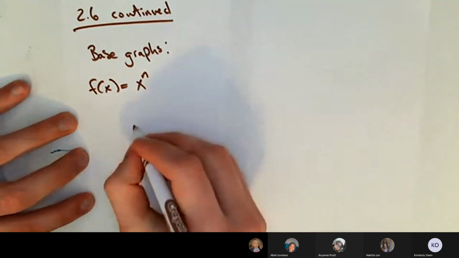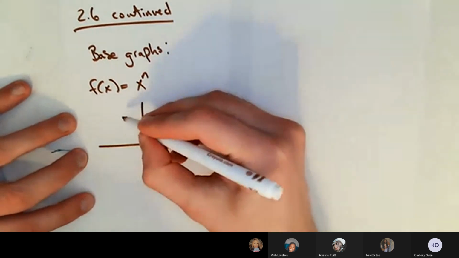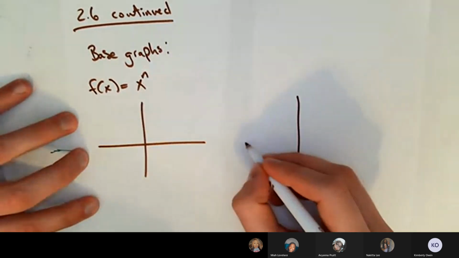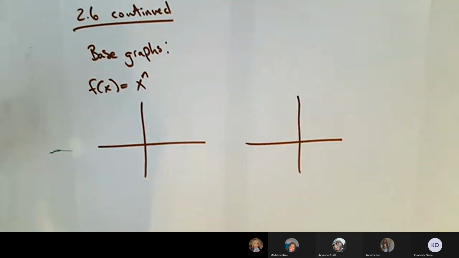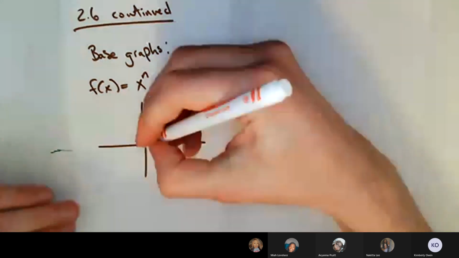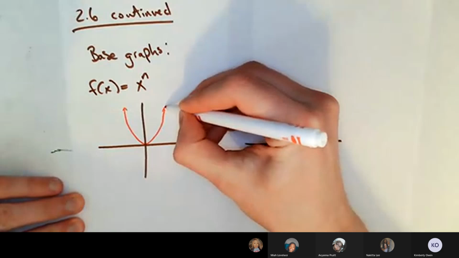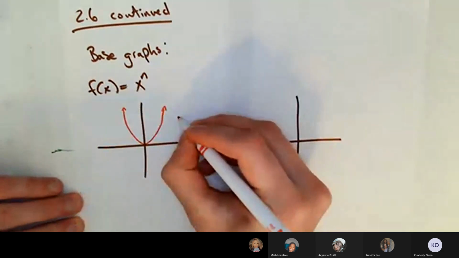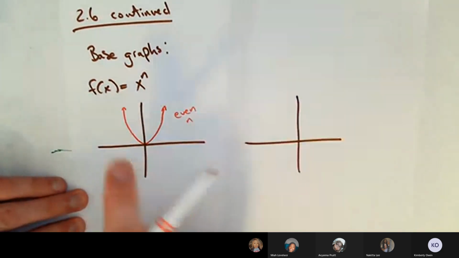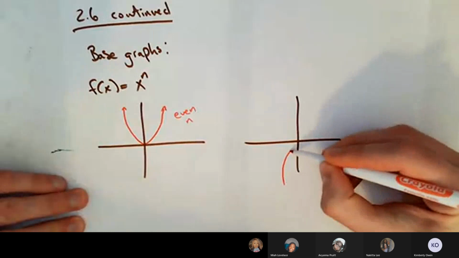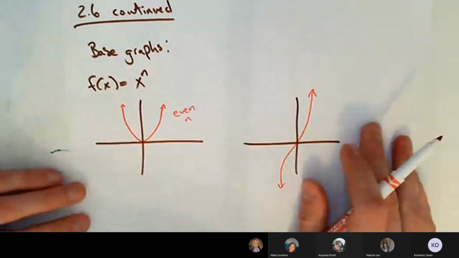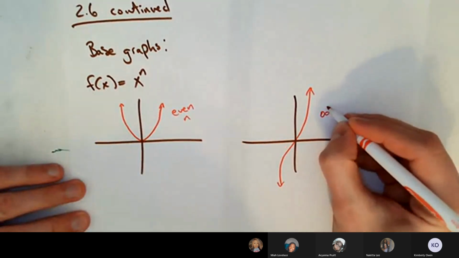These are called power functions. We have two categories here, and I'm going to go through this real quick because I covered a lot of this on Monday or Wednesday. So this is the shape when we have an even n for this type of power function. And then this is the general shape, the base graph shape, when we have an odd n.